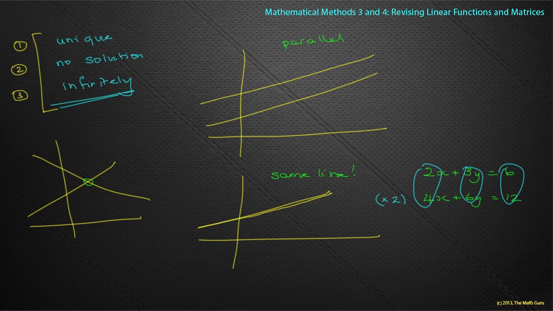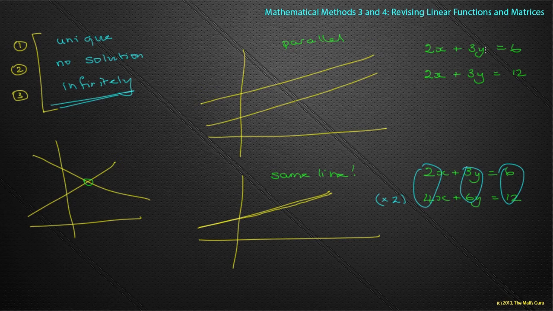What about if I did something like 2x plus 3y is equal to 6, and 2x plus 3y is equal to 12? Let's write this in gradient and intercept form.